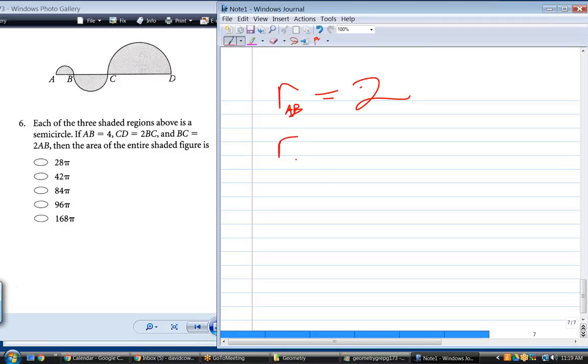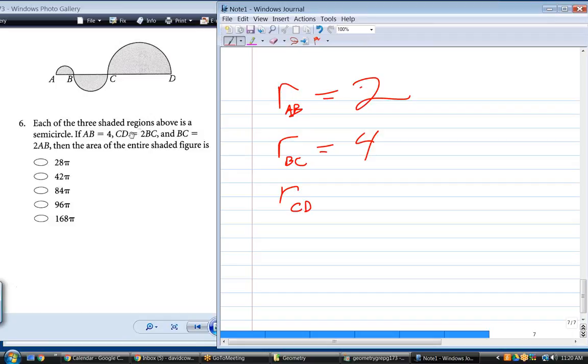What's the radius of the BC circle? The radius of BC is also 4. Okay, and then what is the radius of the CD circle?